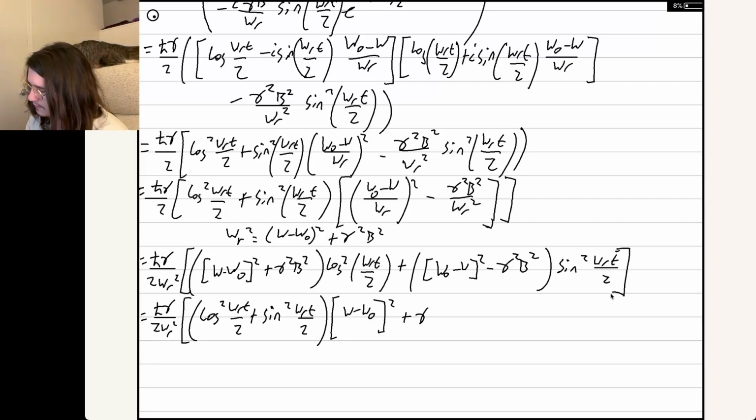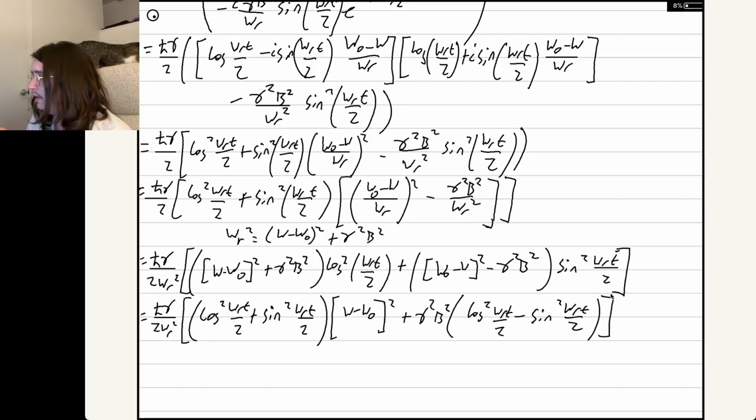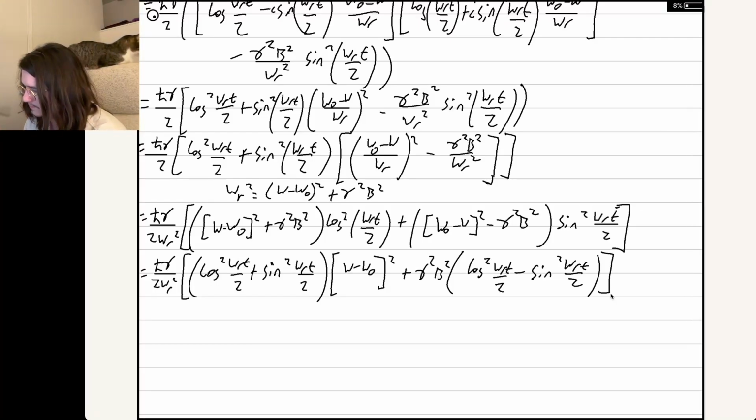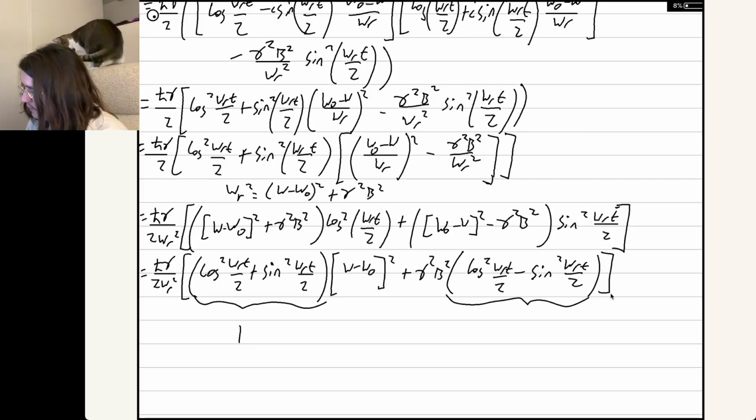Then we have the gamma squared b squared term multiplied by the difference between these squared trig functions. Using the different trig identity, that is just cosine 2 theta, so that's just going to be cosine omega_r t.